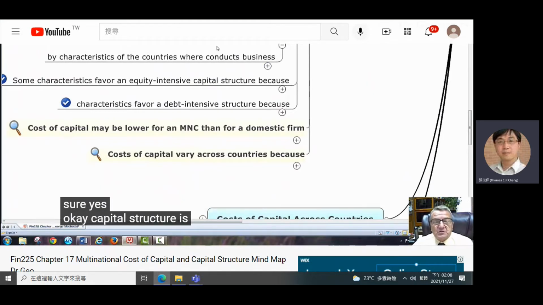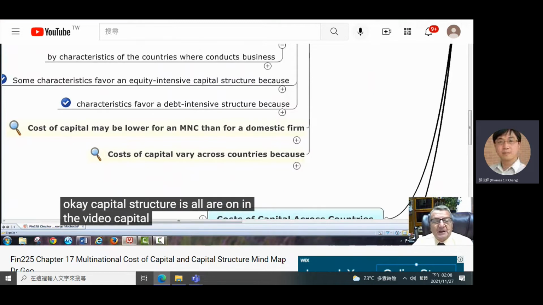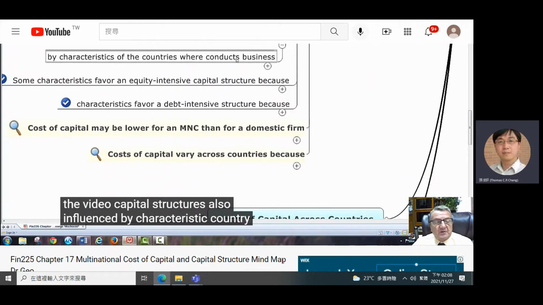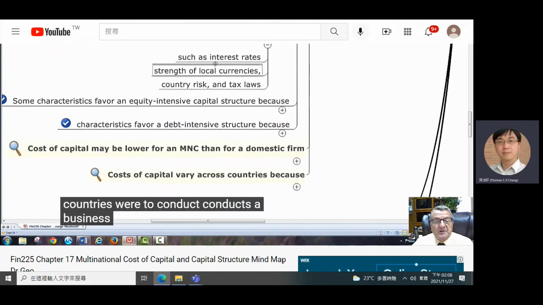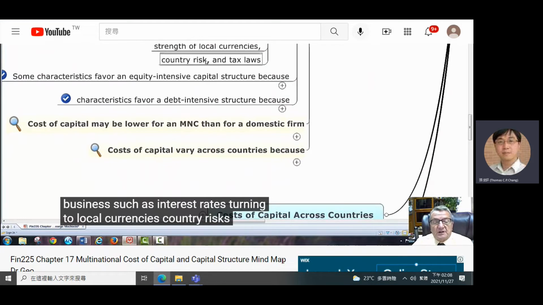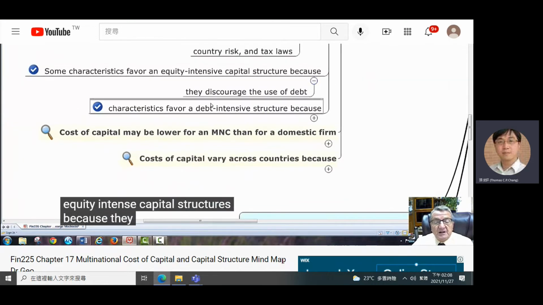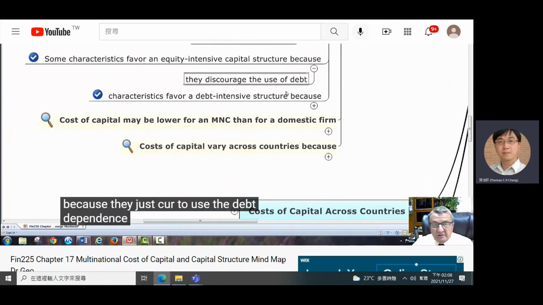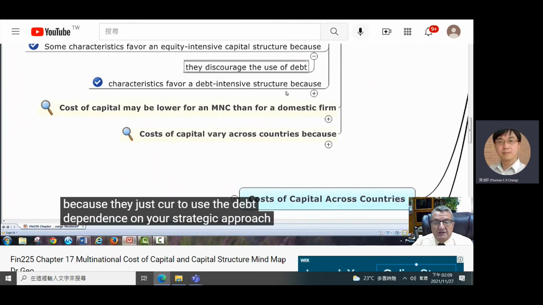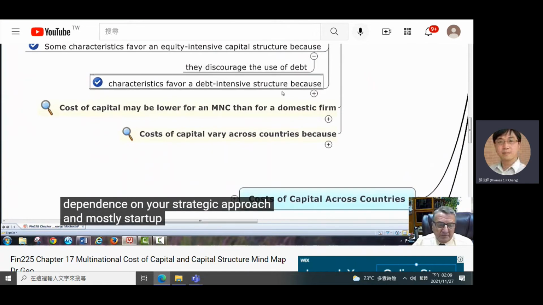Okay, in the video, capital structure is also influenced by characteristics of the countries where the MNC conducts business, such as interest rates, strength of local currencies, country risk, and tax laws. Some characteristics favor equity-intense capital structures because they discourage the use of debt, depending on your strategic approach. And mostly, remember, it's for the MNC parent.